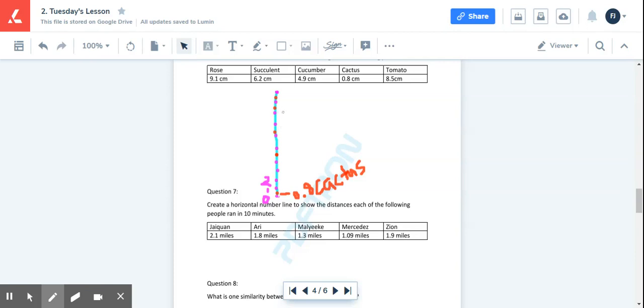Then we have tomato at 8.5 centimeters. And then lastly, we have rose. And you can see our last hash mark is 10, and 9.1 is right after 9.